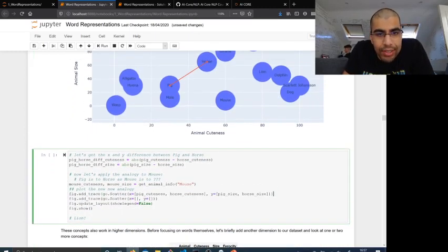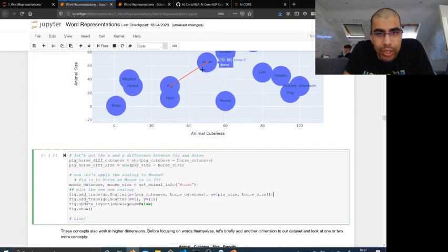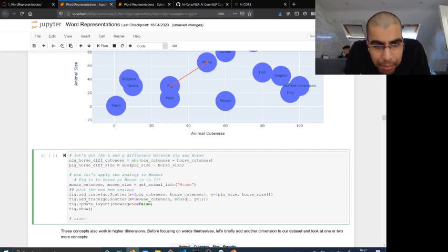Here we had our X as pig cuteness and horse cuteness. Now what we want to do is have our X as mouse cuteness, because that's where we're starting from. And we want to move this to mouse cuteness plus the pig horse diff cuteness.